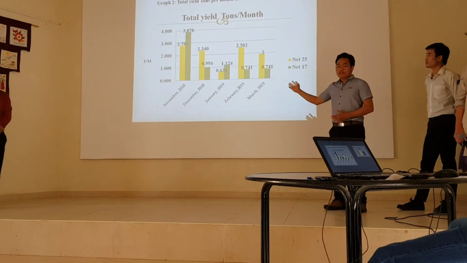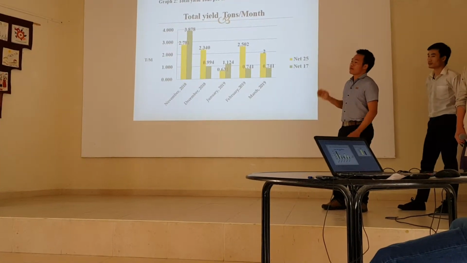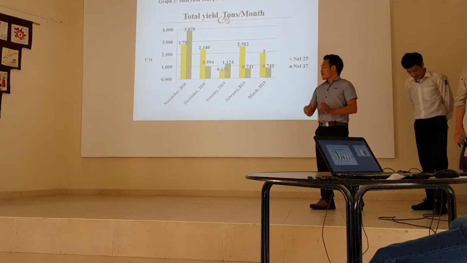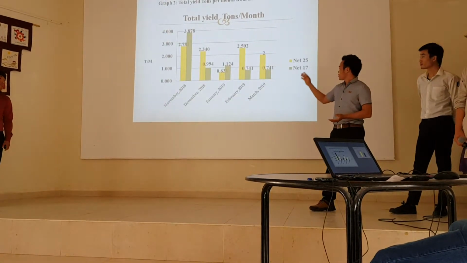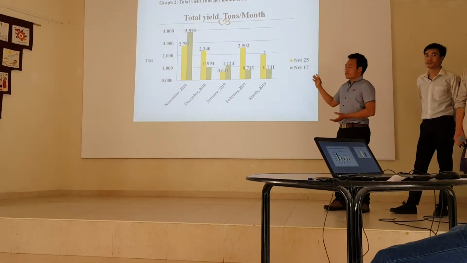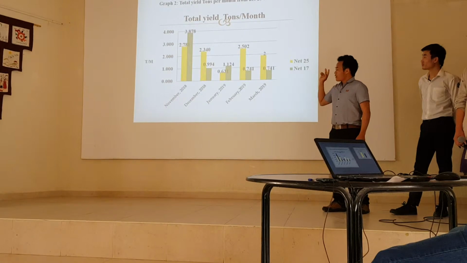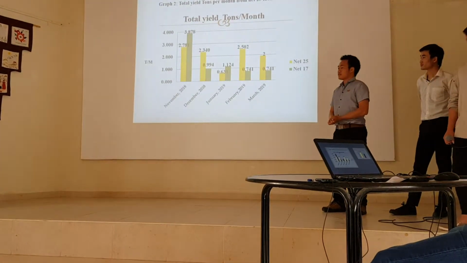This graph shows the total yield in tons per month. We started harvesting from November 2018 to March 2019. This graph indicates that the month with the highest yield was November 2018.